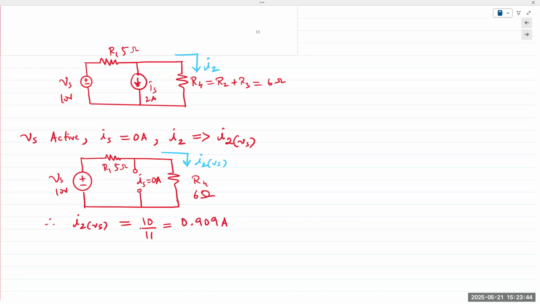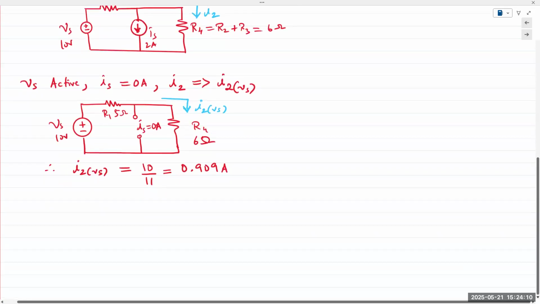Is everyone in agreement? Yeah. 11 times 0.909 is 9.999 something. So 0.909 amps. All right. As far as things go, rather straightforward. Again, simple example.